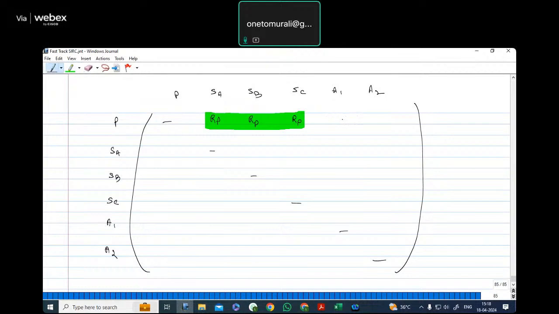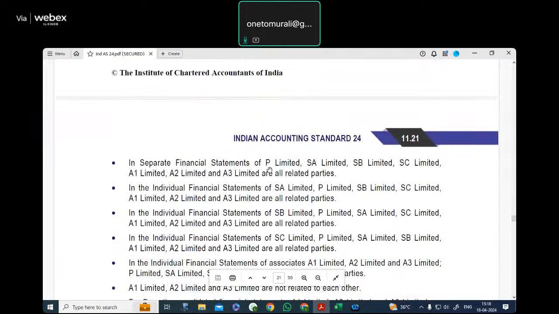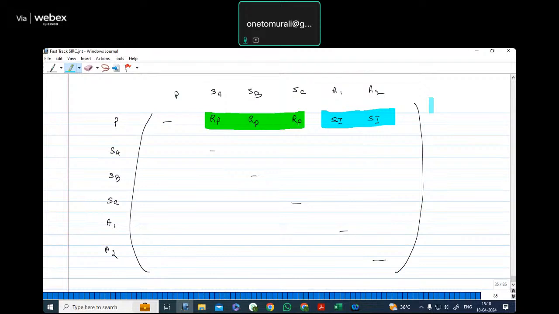So for P, A1 and A2, there you have significant influence. Let me take up another color. In a separate financial statement, P Limited, SA, SB, SC and A1, A2, A3 are all related parties. Even A3 they were mentioning, so I forgot to take up A3 also.